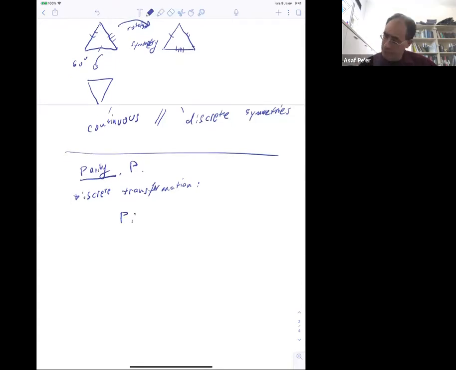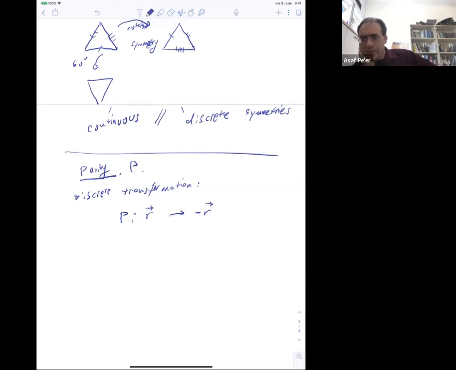When it works on the coordinate r, it changes it to minus r. So if I have a right-handed coordinate system, and I apply parity, then it becomes a left-handed coordinate system. Now note that I cannot get this transformation by any combination of rotations and boosts. It's standalone.